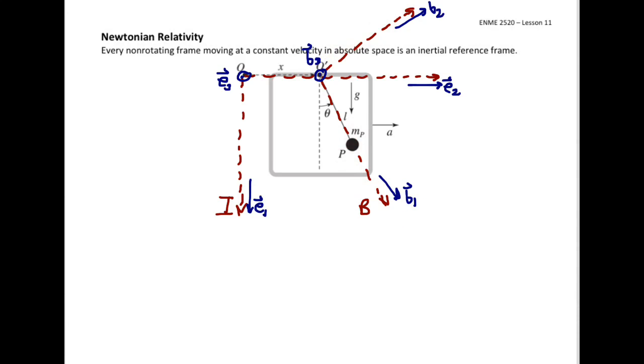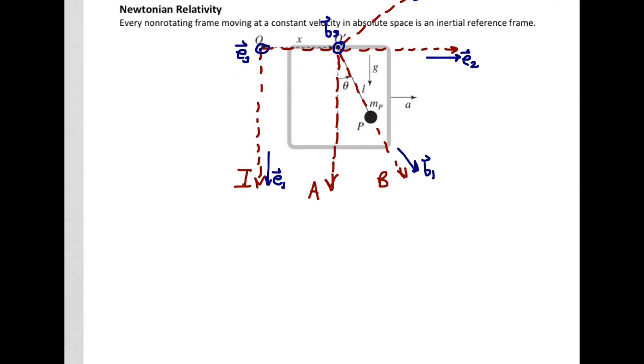And let's add a reference frame that we'll call reference frame A, which is essentially in line with the inertial reference frame, but because it's attached to the box, it's moving to the right.